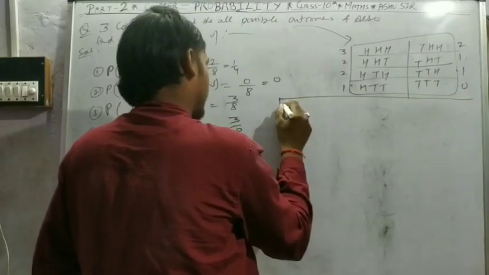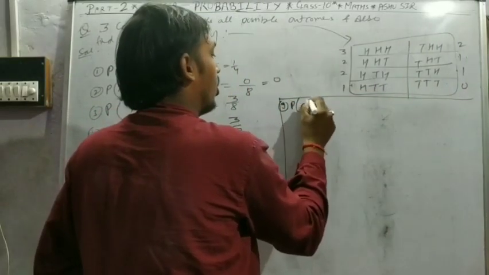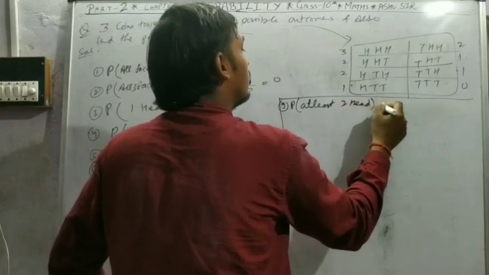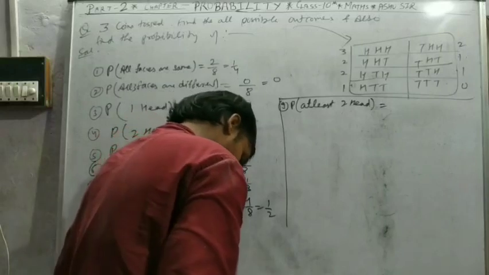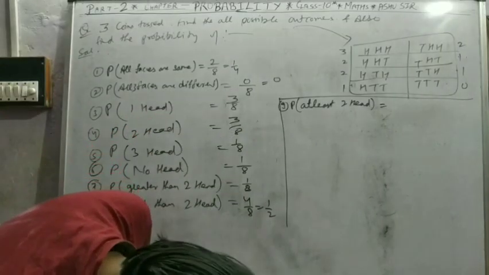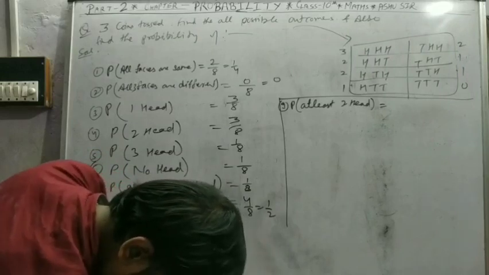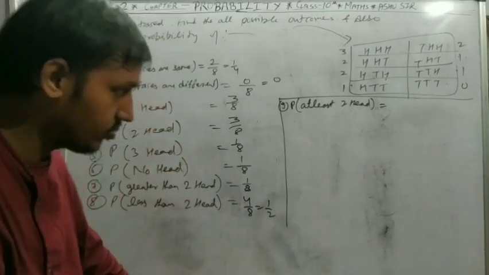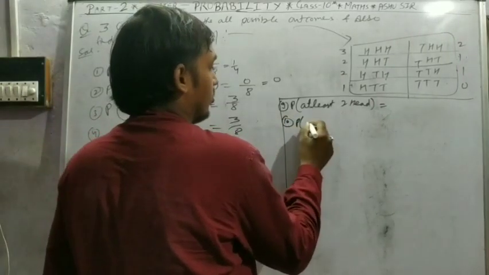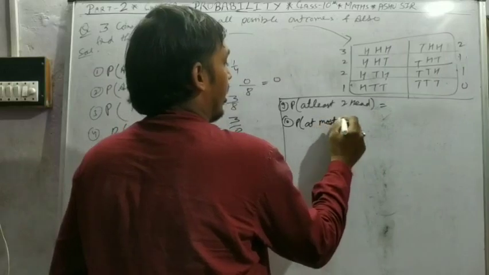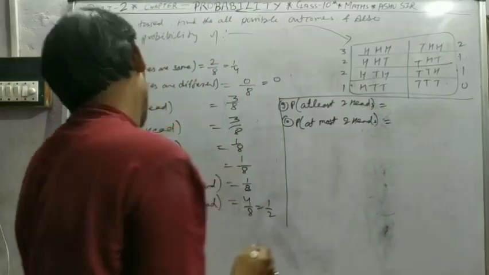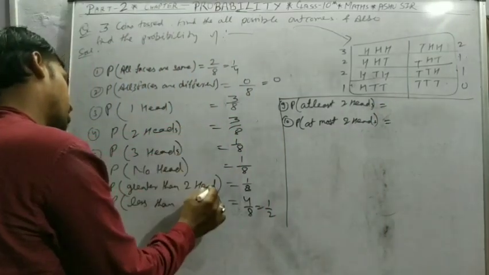If I write probability of at least 2 heads, probability of at most 2 heads, 2 heads, 3 heads.